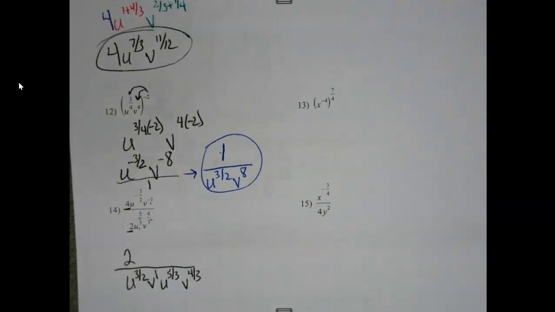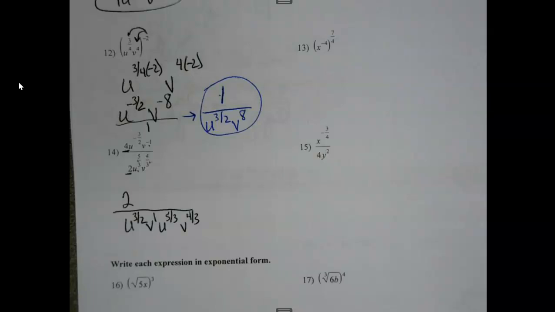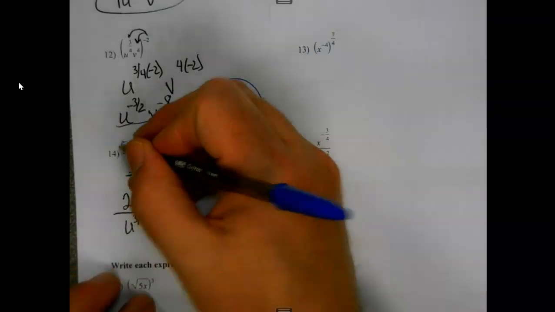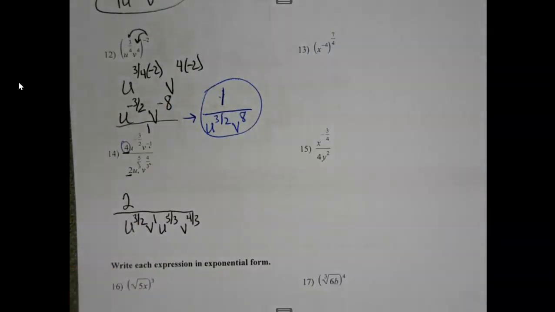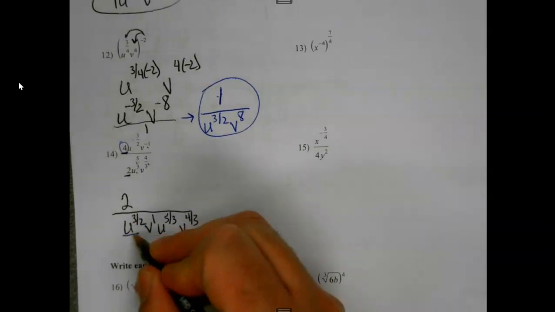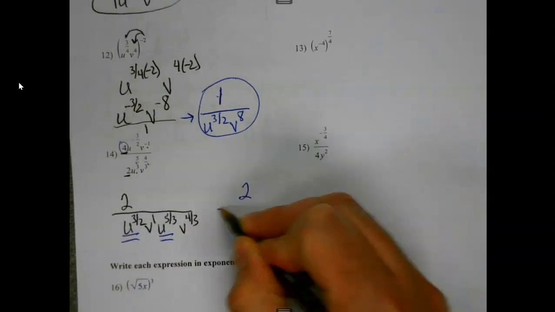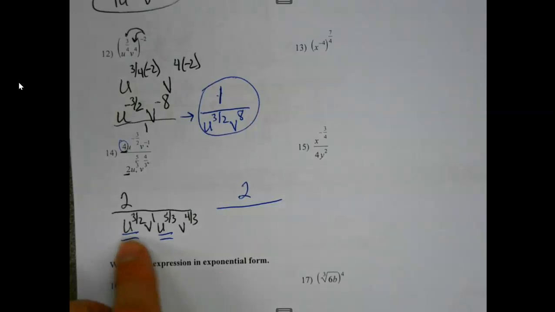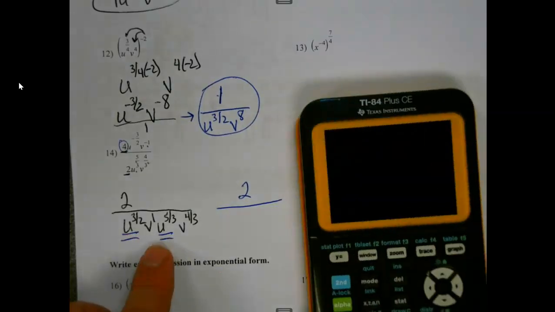So now all of a sudden, the 2 is on top, because 4 divided by 2 is 2, and 4 is bigger than 2. But everything else is on the bottom. So I'm going to add those up, because now it's not divide anymore. If you're on the same level, it's multiply.